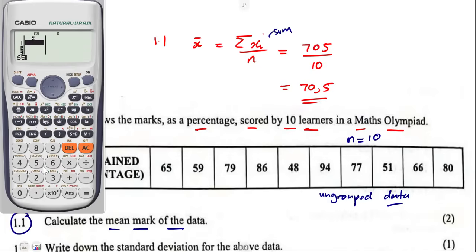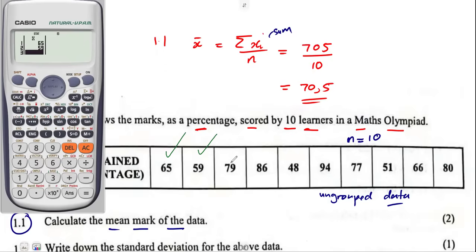So we've got 65 is equal to. We insert the values as we are given them. So that's 65. We move on to another value, which is 59, is equal to.